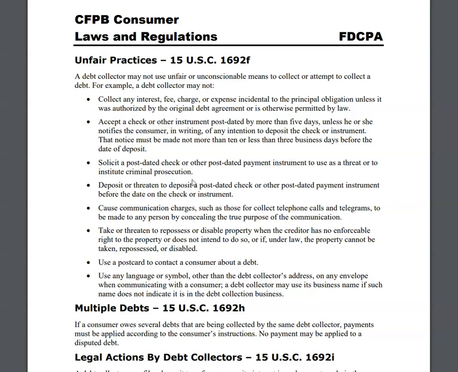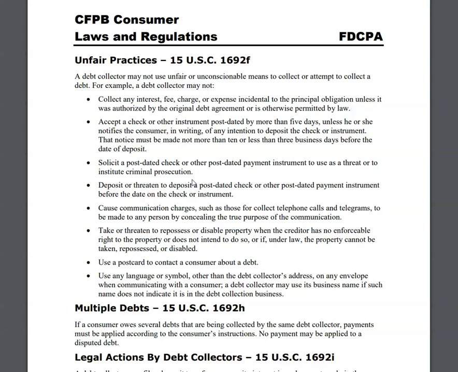Solicit a post-dated check or other post-dated payment instruments to use as a threat or institute criminal prosecution. And then next, deposit or threaten to deposit post-dated checks or other post-dated instruments before the date. We just talked about that. Cause communication charges such as those for collect telephone calls, telegrams.